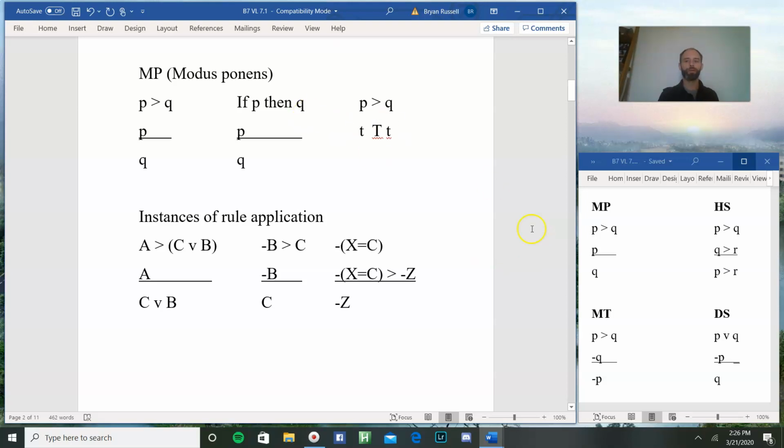All right, so that's MP, and you'll see that down here in the box to the right.